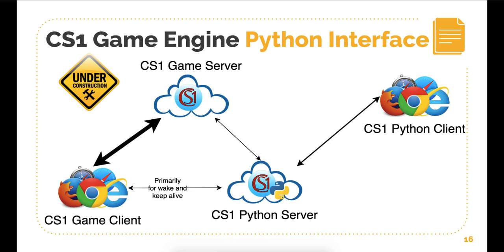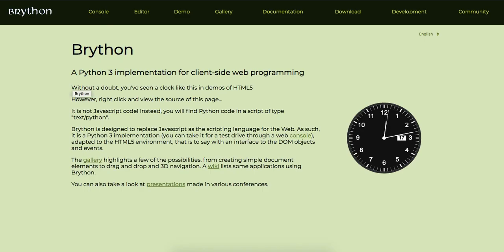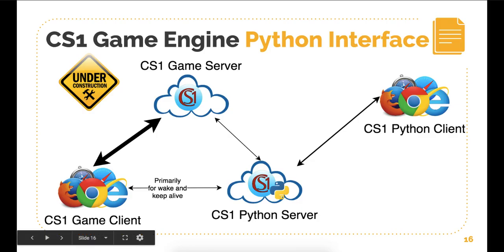What I have done that's a little bit different than this picture is I've pretty much baked the Python client into it, and I am using Brython, which is a Python 3 implementation, where it gets compiled into JavaScript at the start of the application running. So that's what I'm using currently, actually within the CS1 Game Engine. So this is not separate.